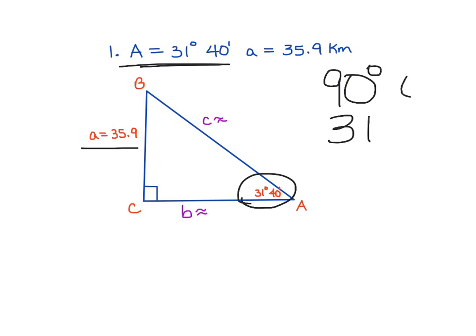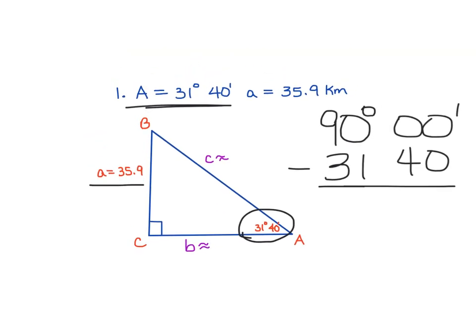So again, I'm going to put this up so I can have something to subtract from. So 90 degrees, and then I'm going to put 0 minutes here because I need to have something to subtract those 40 minutes from. Now, back in 5.1, we learned that 60 minutes was also equivalent to 1 degree. So when I go to subtract this, I need to borrow. I need to take 1 degree out of my 90 so I can borrow.